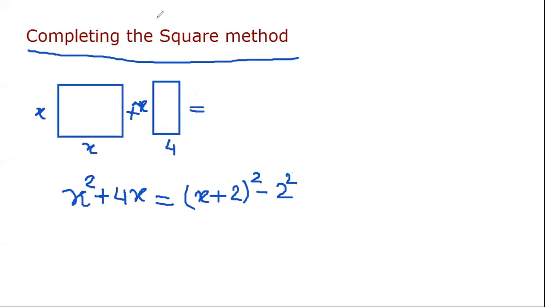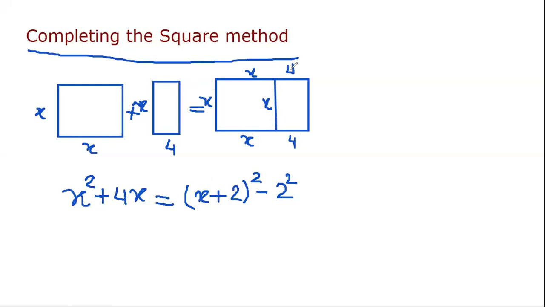You get another square shape whose length is x here, and this one is also x, and that one becomes 4. Yes, this is x, x, and that one is 4.